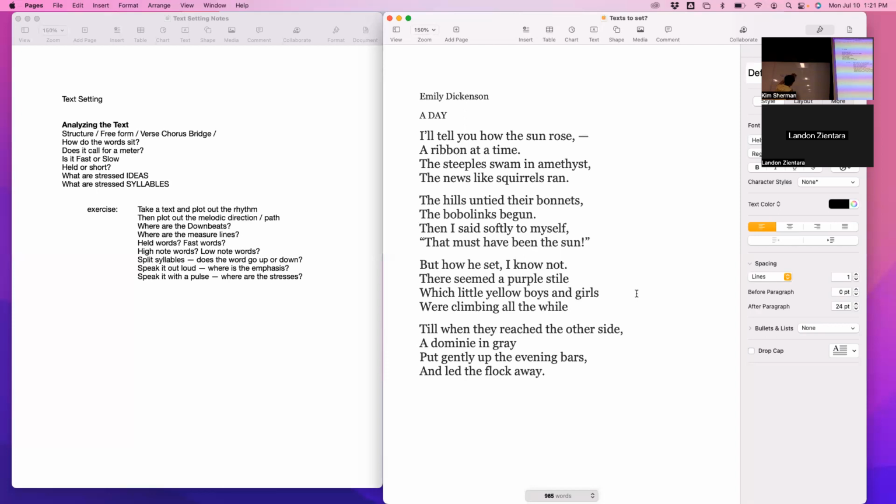All one syllable. Nice. Okay. Before we go to the next line, all right, because we have that beautiful dash, what is the most important word in that line?